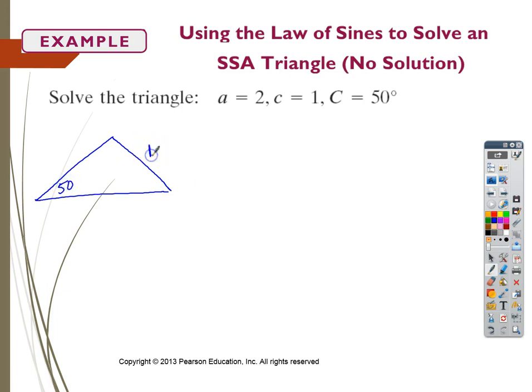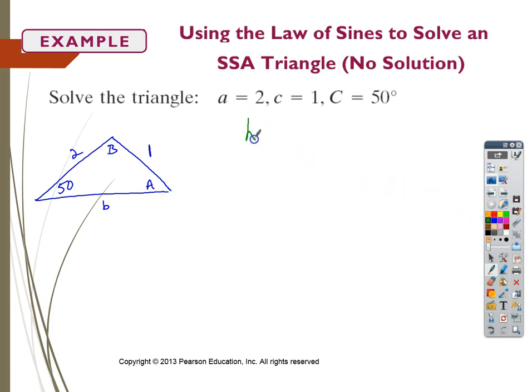Little c is 1, so that must be that one because it's across from C. And then 2. So to match everything up, I'm going to say this is 2, which means in order for me to solve the triangle, A, B, and this is a little b, I need to find out, they give me angle-side-side, so I can use the law of sines. All right, but it's angle-side-side, so before I can go anywhere, I first have to find my height.